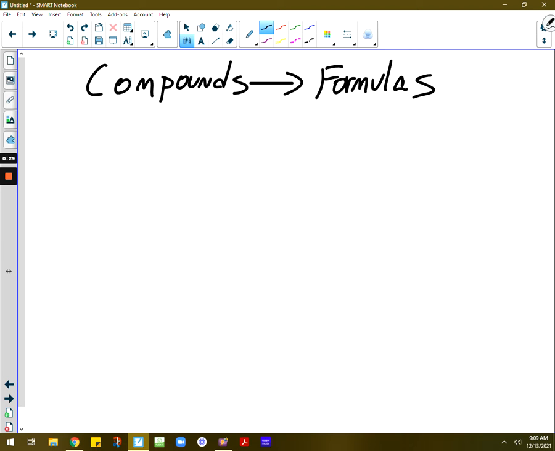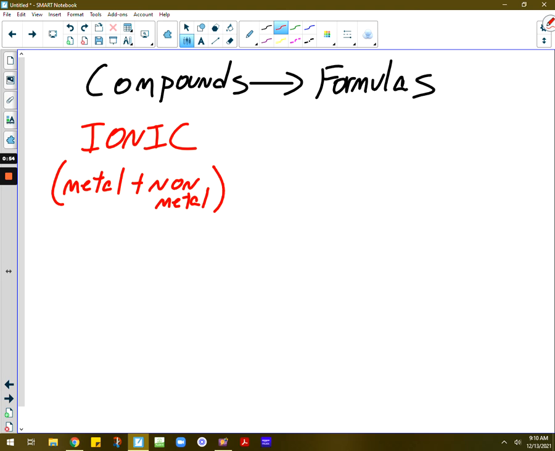We talked about the fact that chiefly there's two main kinds of chemical compounds that have different rules for formulas. You've got ionic, which is chiefly between a metal and a nonmetal ion, where the metals end up losing electrons to the nonmetals, which means your metals are going to take on a positive charge.